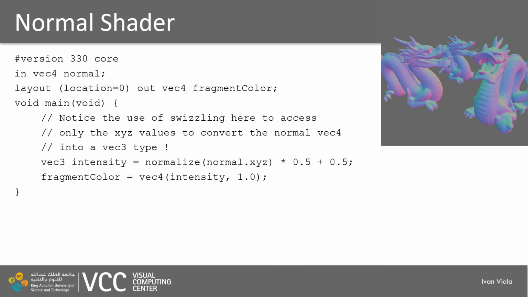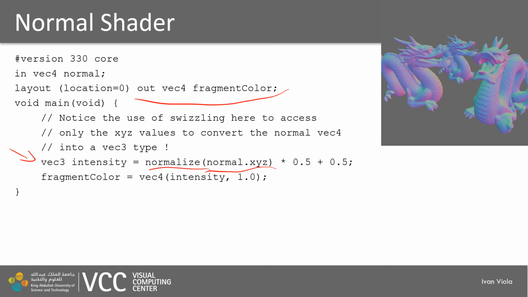And now here we are in the fragment shader, where we have our fragment color, vec4, and we are filling into this fragment color the actual normal, which is then normalized.